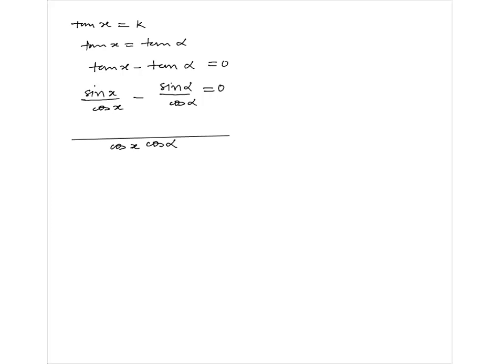So n pi plus alpha. Look at the numerator. So whenever you have tan a plus tan b or tan a minus tan b, something like that works well in the numerator.